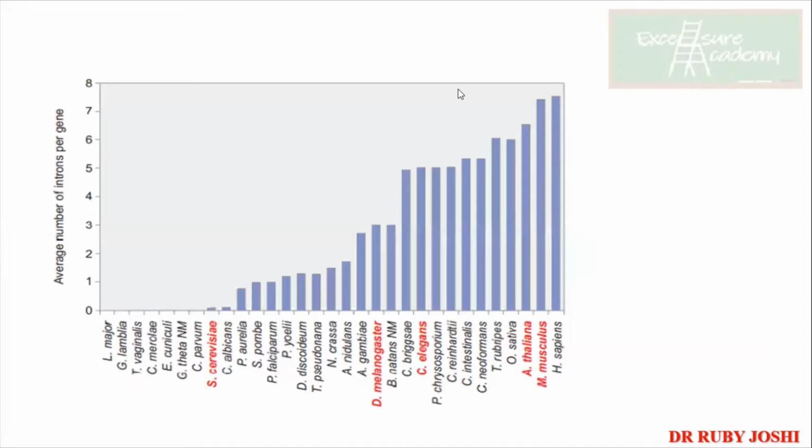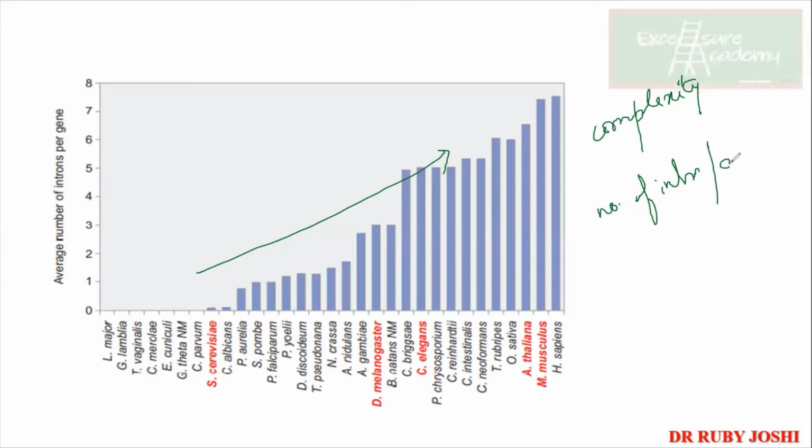Now, this is a graph representing the average number of introns per gene. Here you can see that as the diversity, or the complexity, of the organism increases, the number of introns per gene also increases.